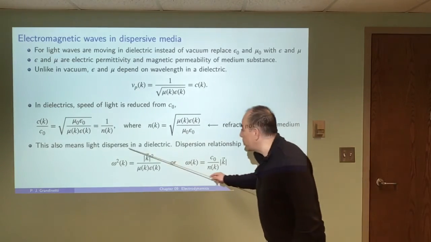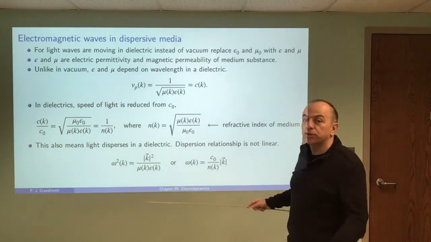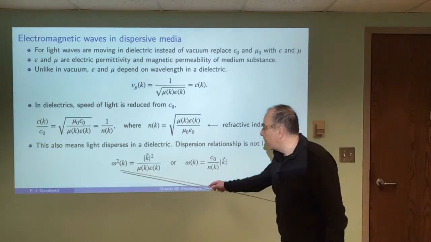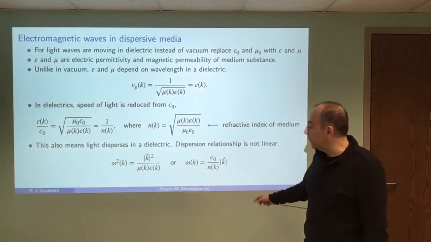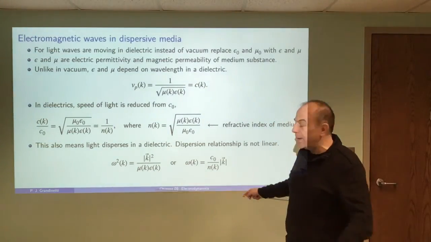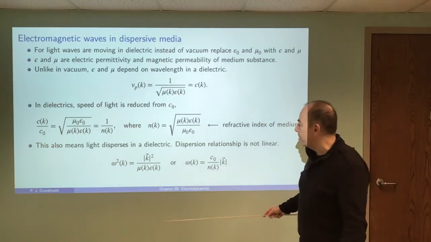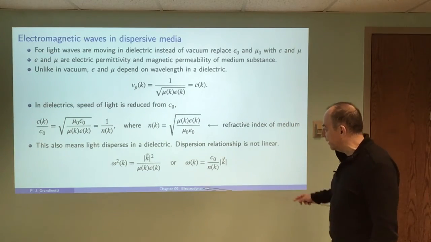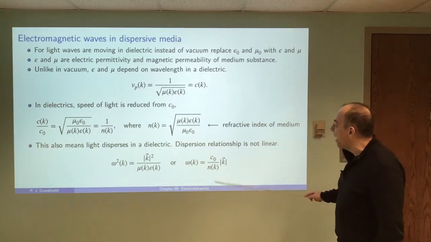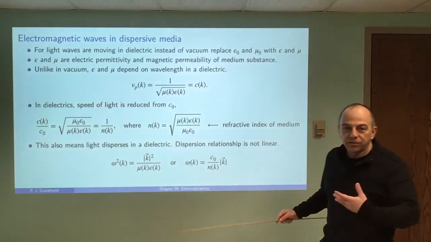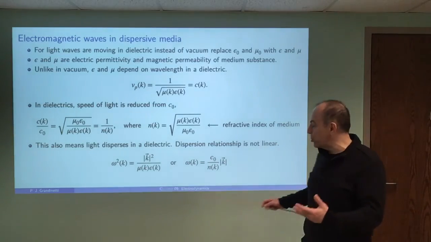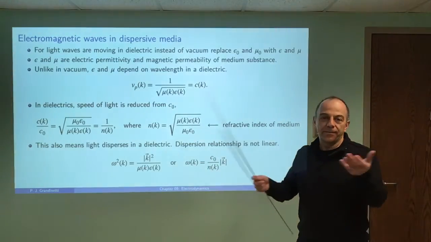What this also means is that if you go back to the dispersion relationship, we saw before that omega squared was k squared over the product of those two constants. Well, now that they depend on k, we now have a relationship that is no longer linear. So in other words, omega now has this functional form where the refractive index destroys the linearity of the relationship, and this is what causes the dispersion.